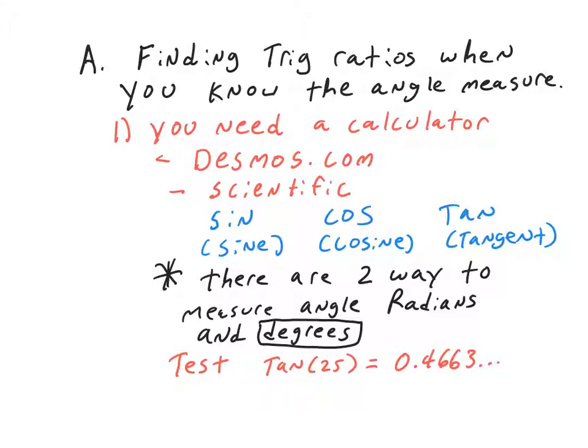So we'll get a little happy face. You're in degrees mode. If you put in tangent of 25 and you get negative 0.1335, you are in radians mode, and you will get the wrong answer if you use it on the test.